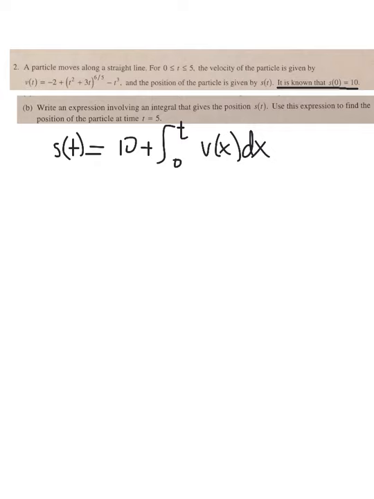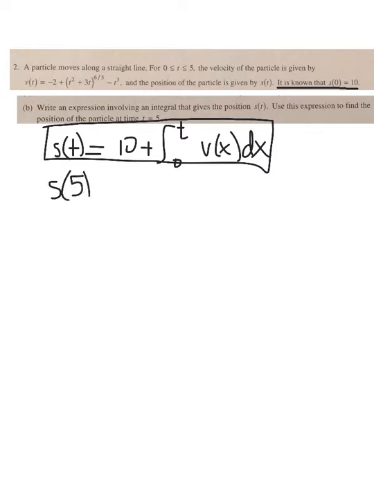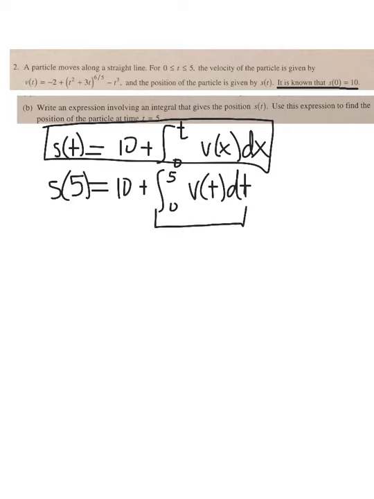So there it is. Now it says to use that expression to find the position at time 5. So basically what they want is s of 5: 10 plus the integral from 0 to 5 of your v of t equation. All of this can be put into your calculator.